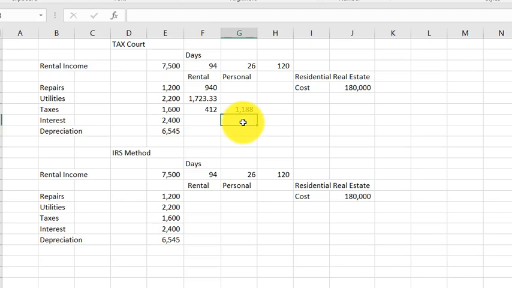So that could be an itemized deduction. Now that's only going to benefit a taxpayer if they itemize. As we learn about itemized deductions, those are less important than they used to be because of the higher standard deduction. But that could benefit them more by giving them a higher itemized deduction.